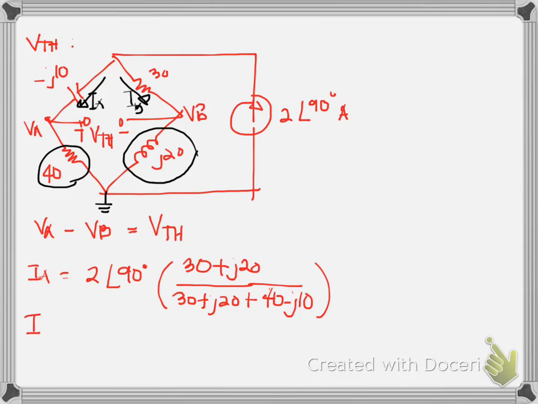So our result for IA would be 1.02 angle 115.56 amperes.